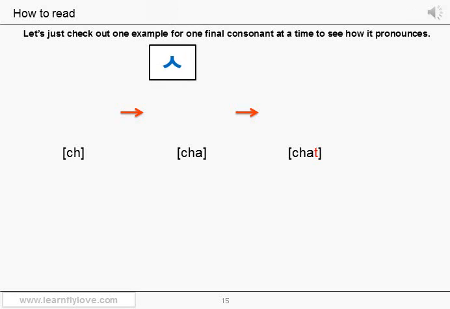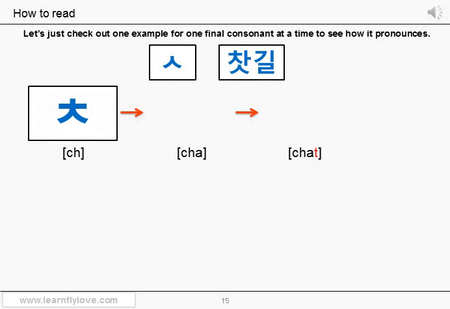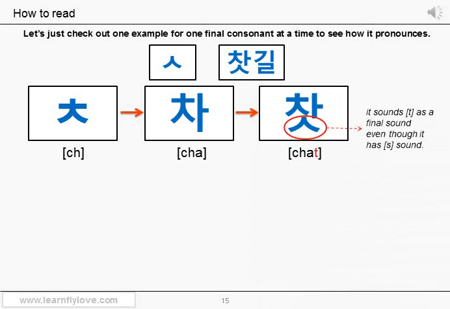Let's find out how 시옷, which sounds S, like S in English, sounds when it comes as a final. First, take a look at the full word and see the breakdowns. It starts with a consonant ch, like English ch, and add a vowel a: ch, a, cha. So it's cha. As we learned in the previous page, 시옷, which sounds like s, belongs to the group 2, and it sounds like t when it comes as a final sound.